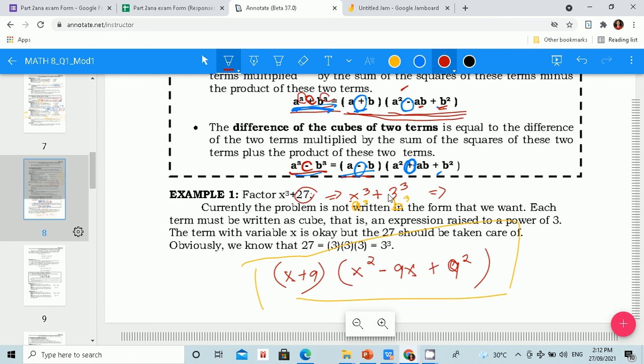So listen to this, class. We have x plus 3, and then we have x squared minus 3x plus 3 squared. So this is our final answer.